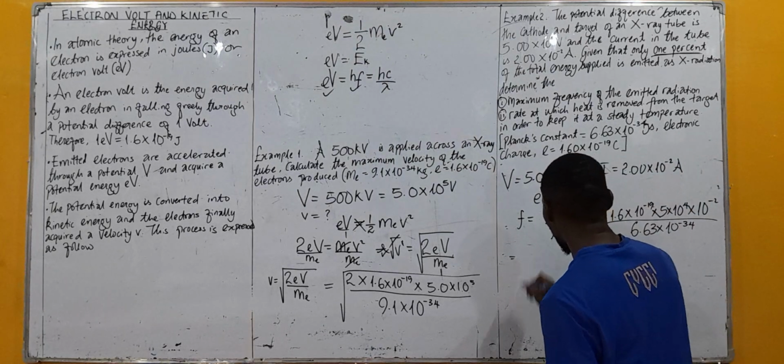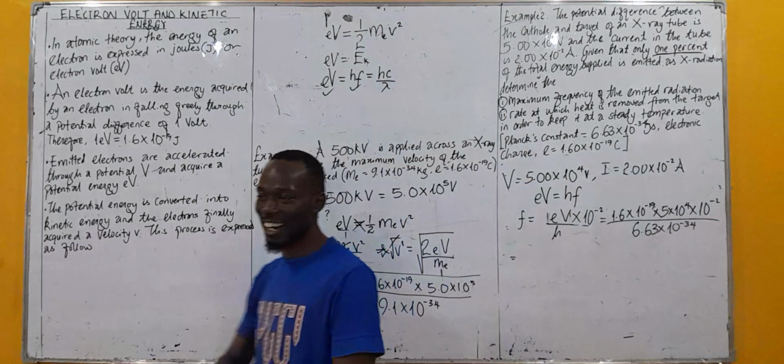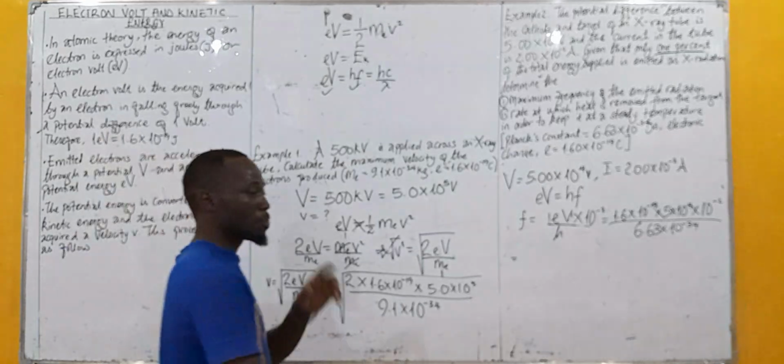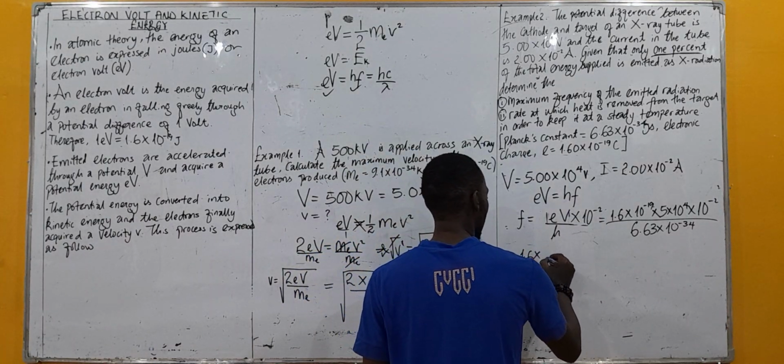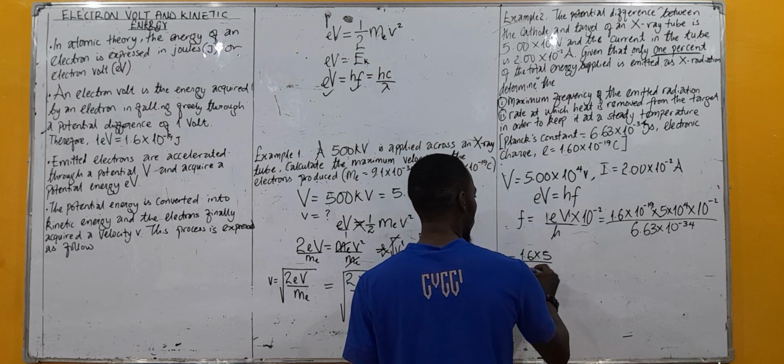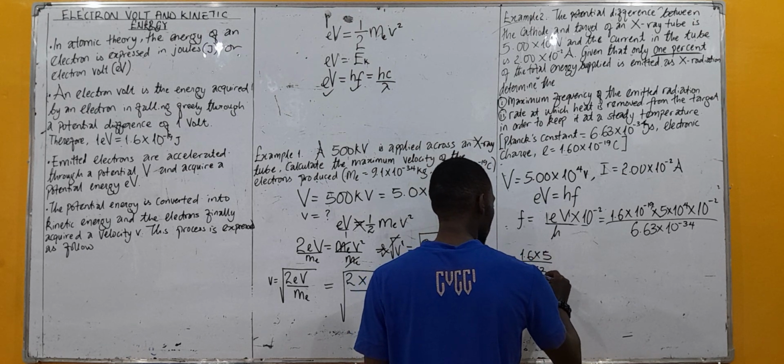Okay, right. What should we do? Yeah, you're very, very correct. Let's pick everything that is not 10: 1.6 times 5 over 6.63.